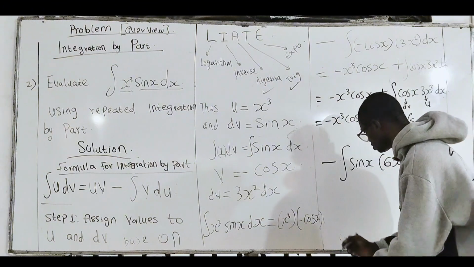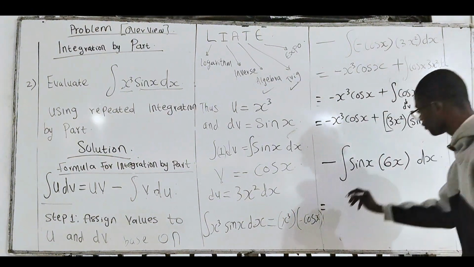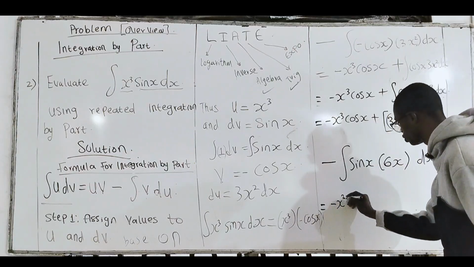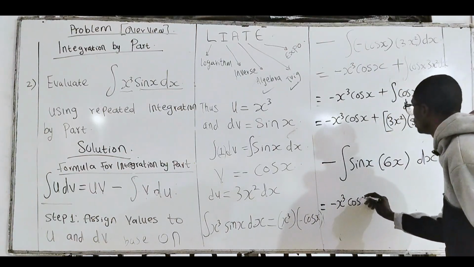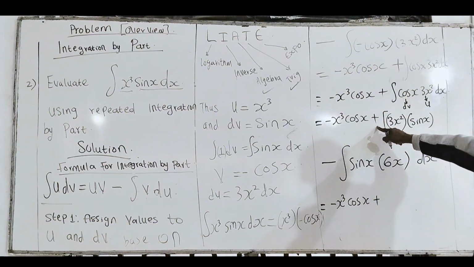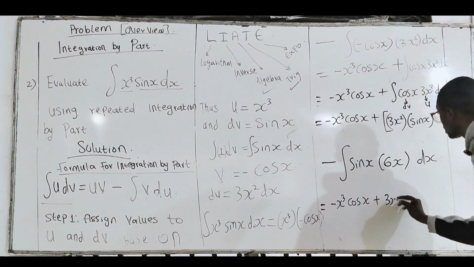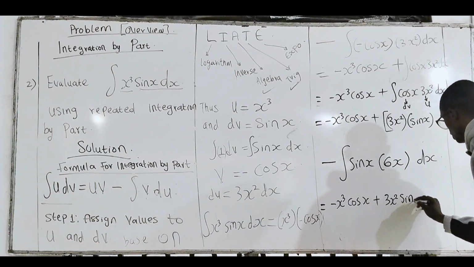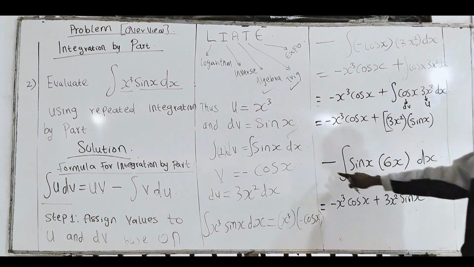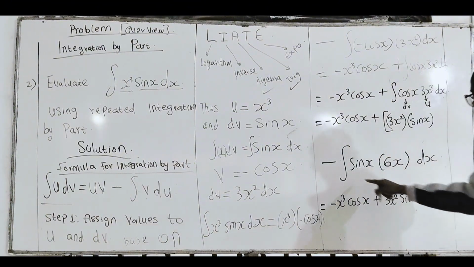Now, we have the next to be what? We implement it the third time. We already have minus x cubed cos x plus. This place, since it's positive, I don't think there's any problem because it gives the same thing. So I have 3x squared sine x, right? Then this is minus, so I'll work on this again.